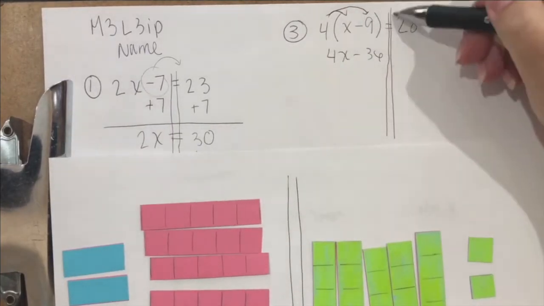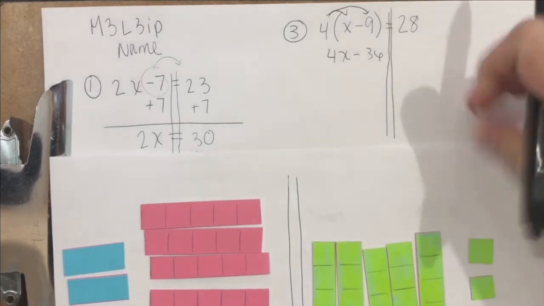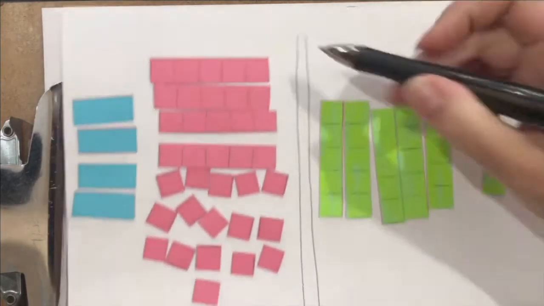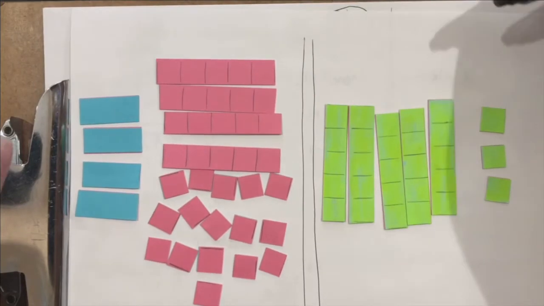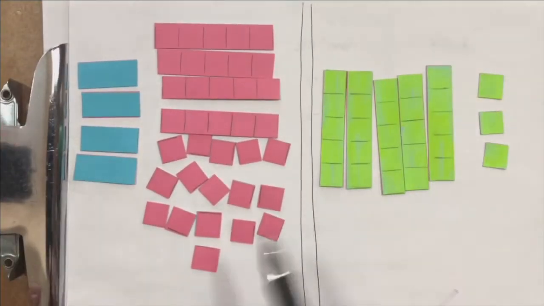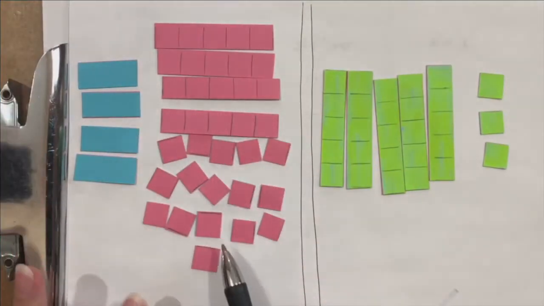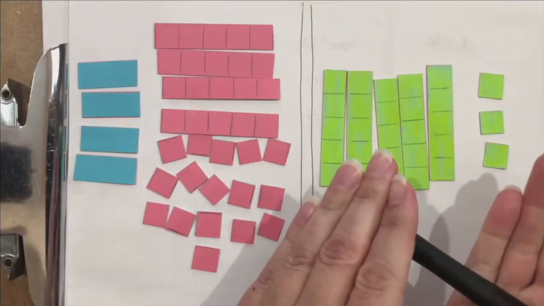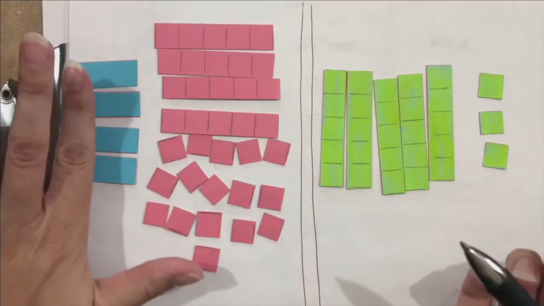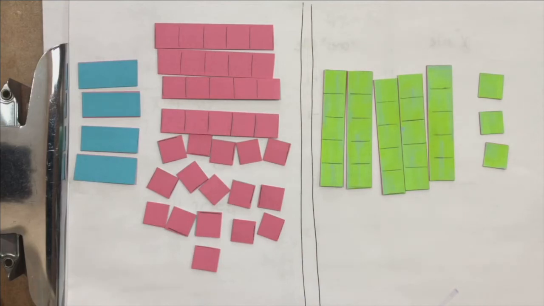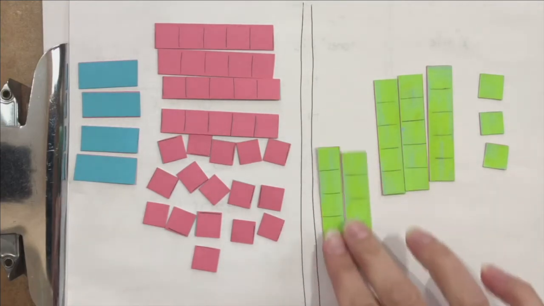I like to put the double line in there to separate the equation, just like I have on my equation mat. It helps me remember. So now I can take all these ones and flip them to the other side and have just the x's on one side, which is exactly what I want. I want the x's all by themselves.